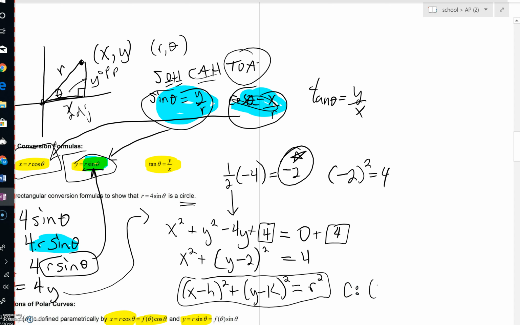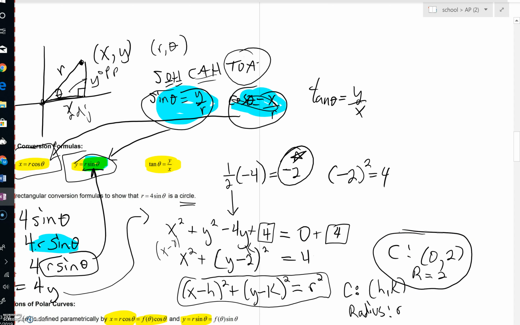Your center is at h comma k. Your radius is going to be not r squared, but just an r. So what's our center here? Well, it's x minus 0 squared. So I'd say it's 0, comma 2. Remember, this is like our k. And guess what our radius would be? Well, our radius would be 2 squared. So just like we looked at before, that's actually the equation of our circle with a radius of 2, center at 0, 2.